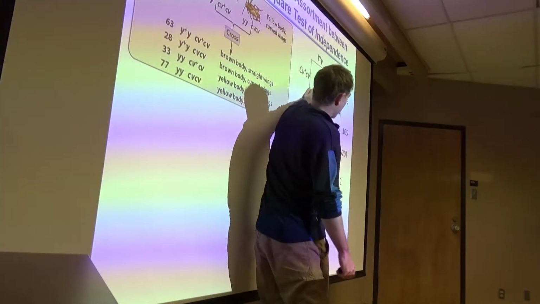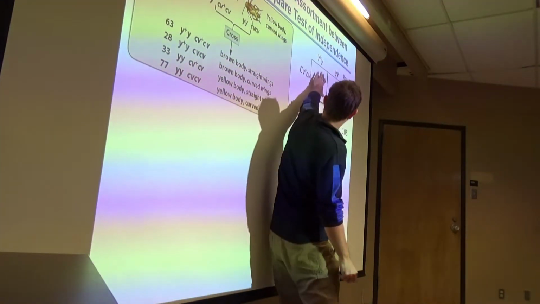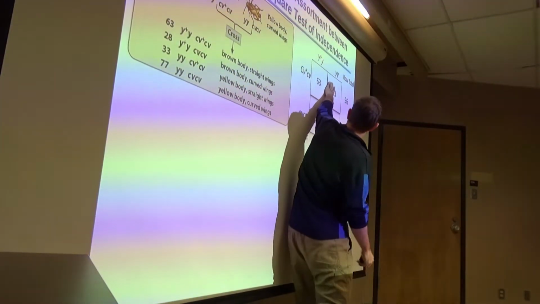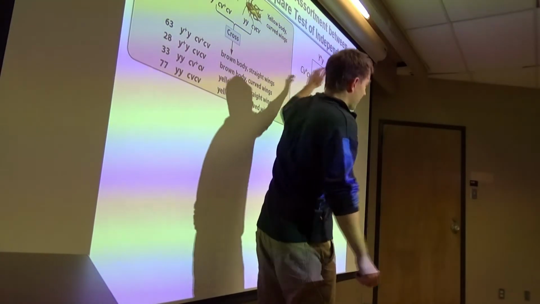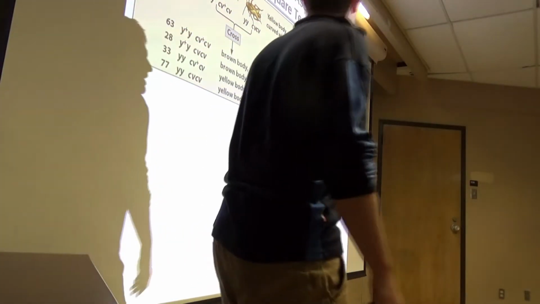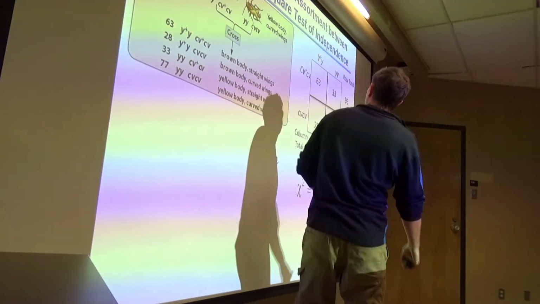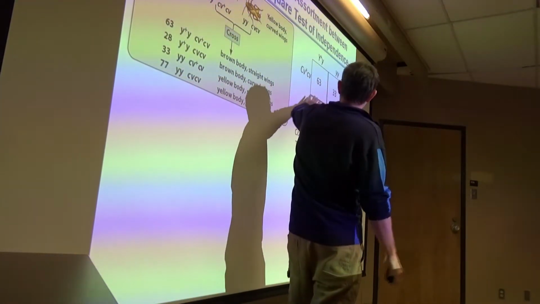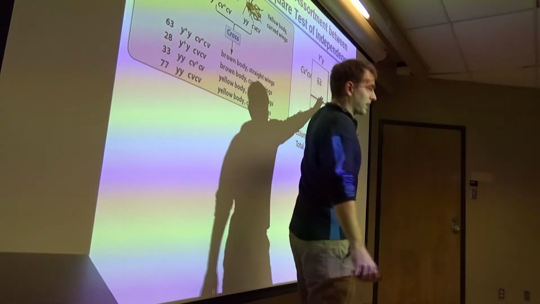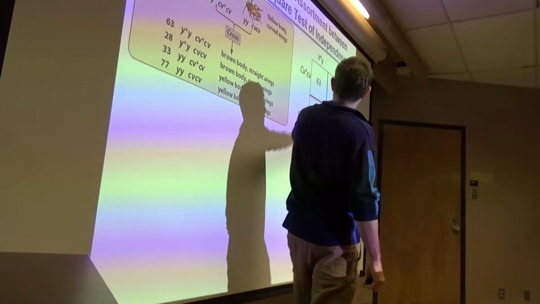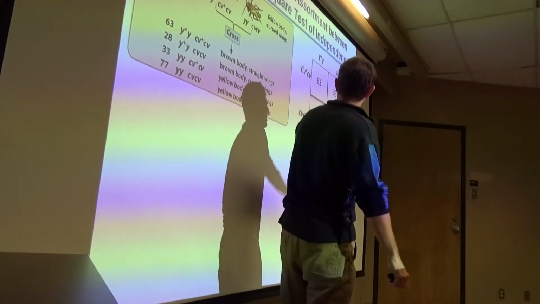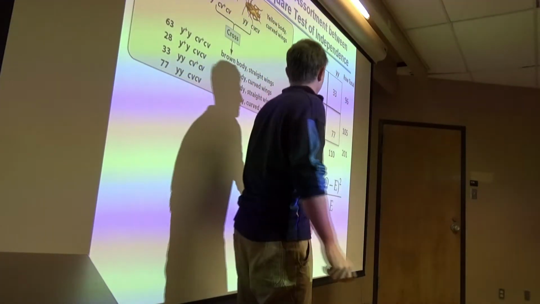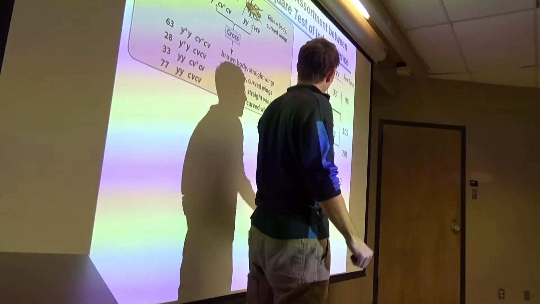So if we create this chi-squared box, and you add the different columns, so 63 plus 28 here, and 33 plus 77, and then across as well in the same way, we can create a given expectation. So from these progeny ratios, the number of progeny that I have, and the total number, looking at each one of these genes independently, we can try to figure out what our expected ratio is of when we get one big Y allele and one big C V allele here. So what would that be?